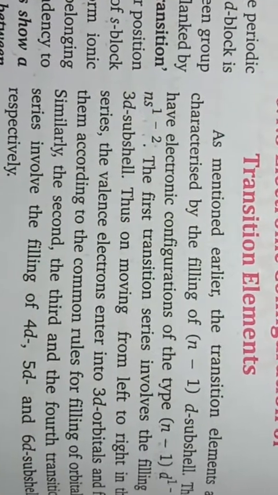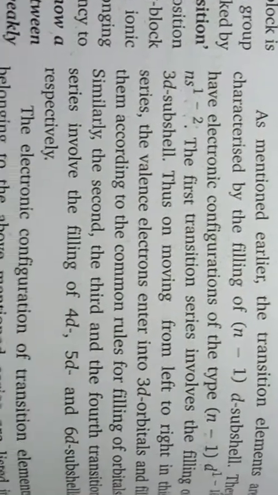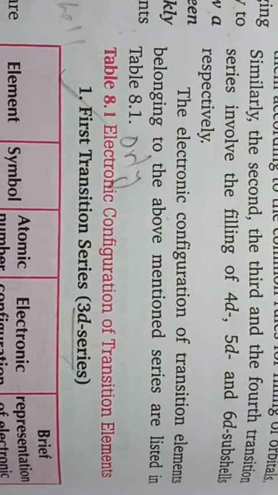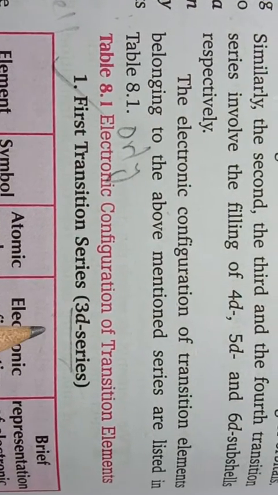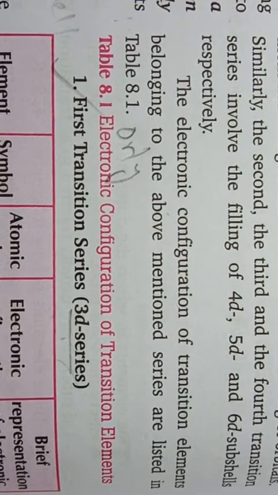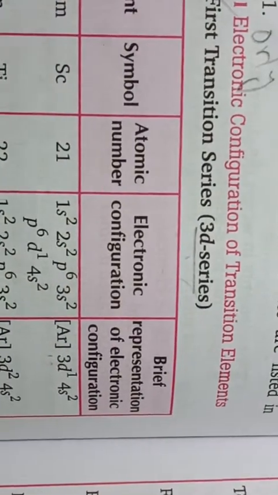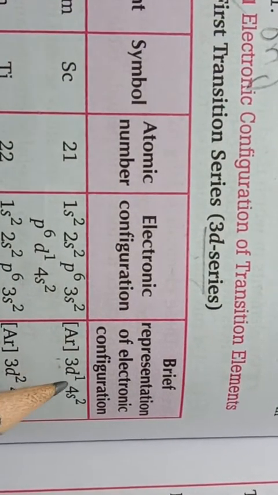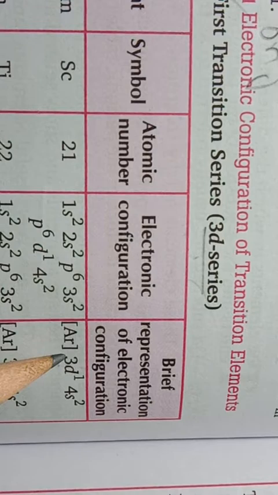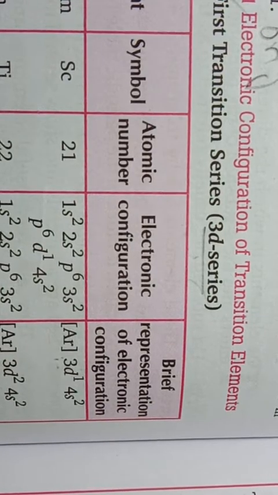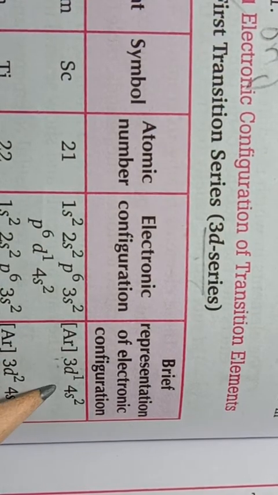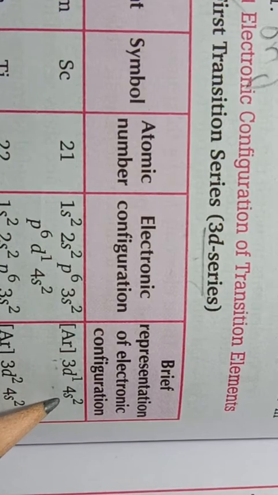Okay students, so as you can see, configuration of 3D series elements. So in 3D series elements, last electron is present in D subshell and the outermost S subshell is having 2 electrons.